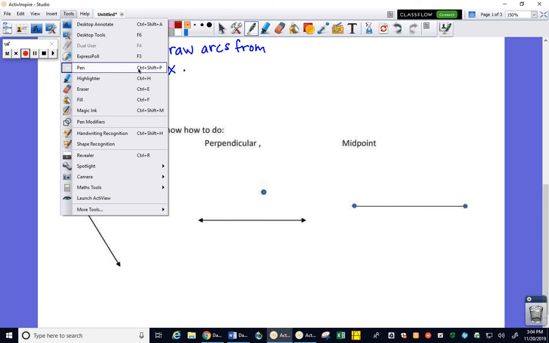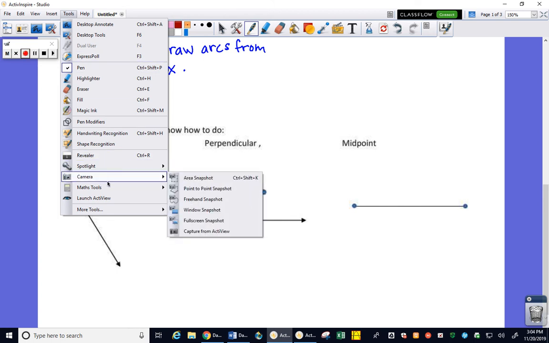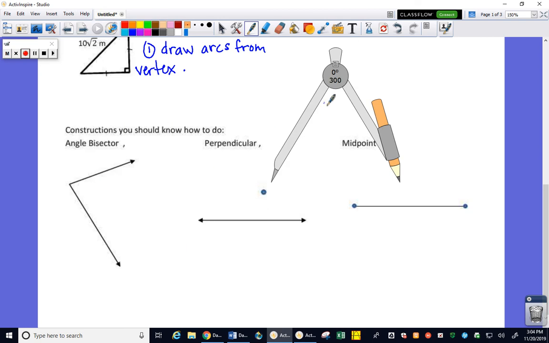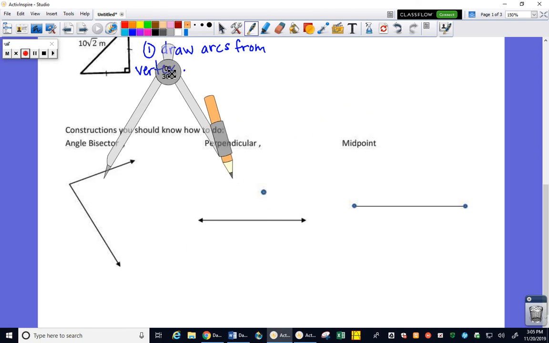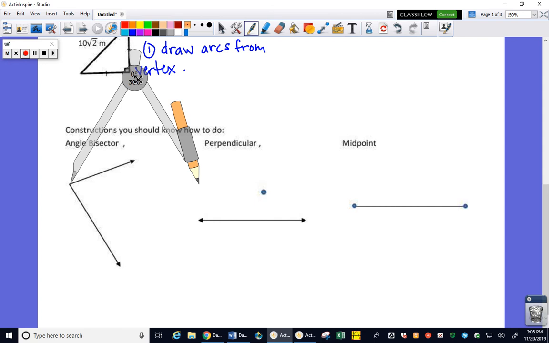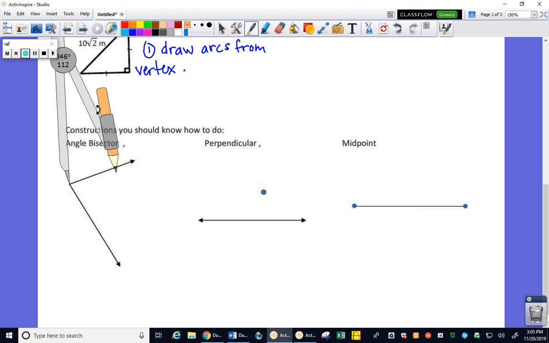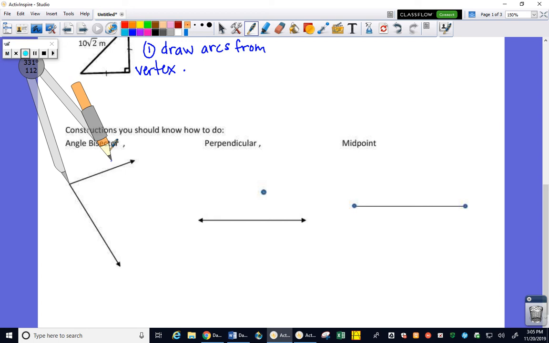So you put the compass at the vertex, bring your pencil in, and make an arc right here.